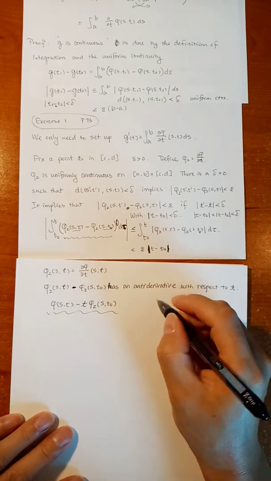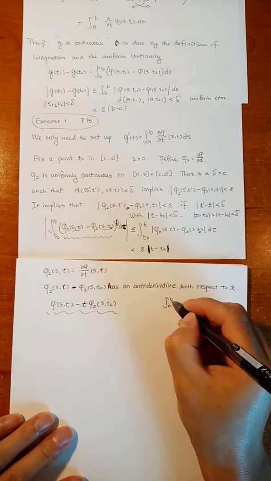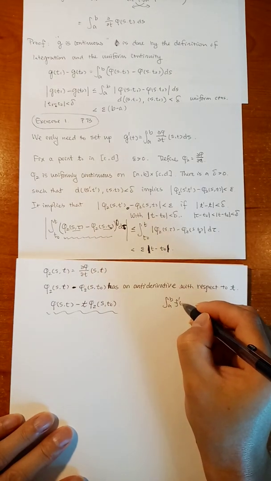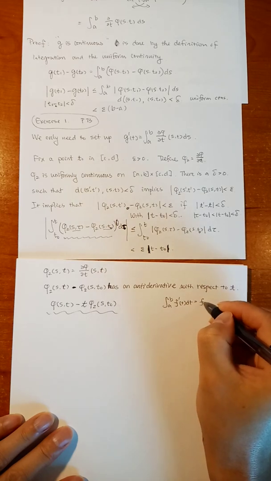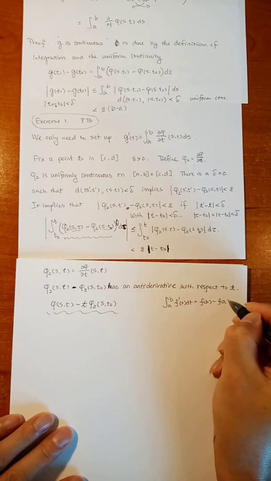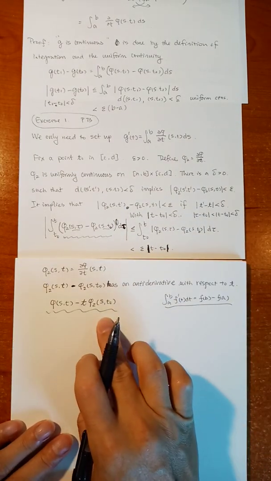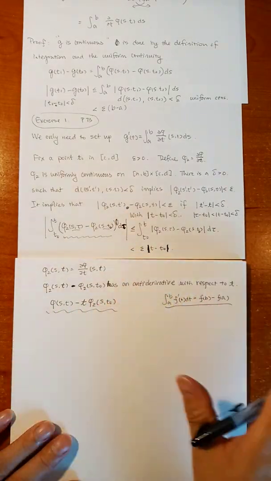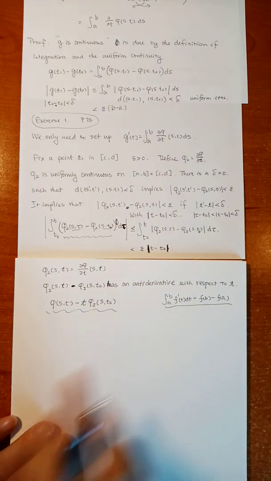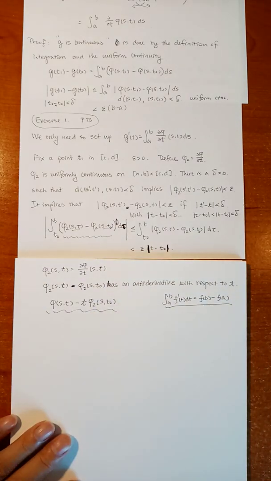Okay, so when you have an antiderivative, remember the integral from a to b of f prime of t dt is f(b) minus f(a), the fundamental theorem of calculus. This is a real variable. I don't care what the image is, but this is a real variable. So we do have a fundamental theorem of calculus.